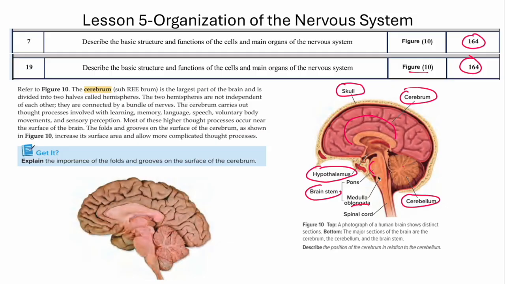The brainstem connects to the spinal cord, which goes inside the vertebral column, and the brain and spinal cord are part of the central nervous system, or CNS.